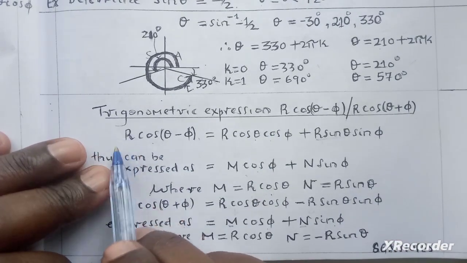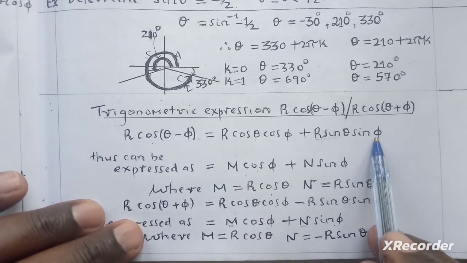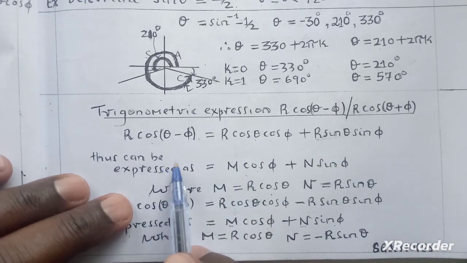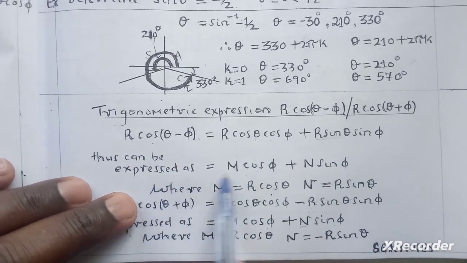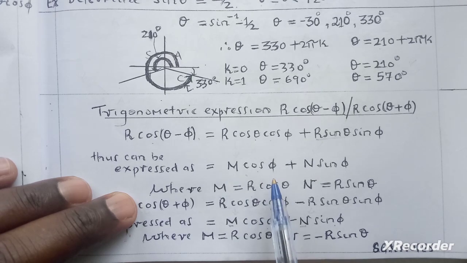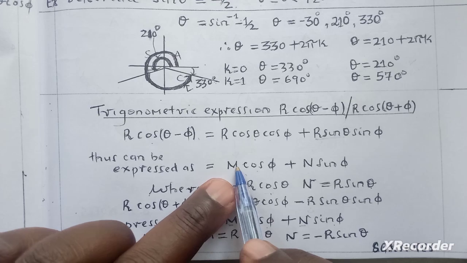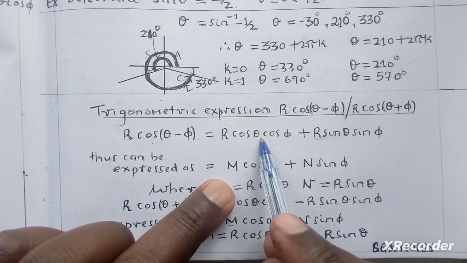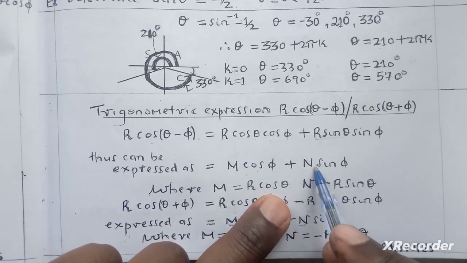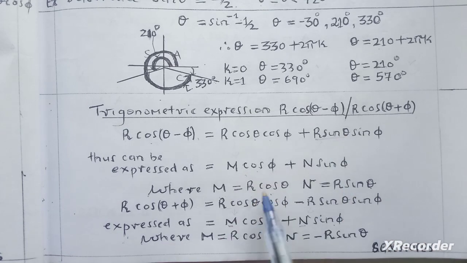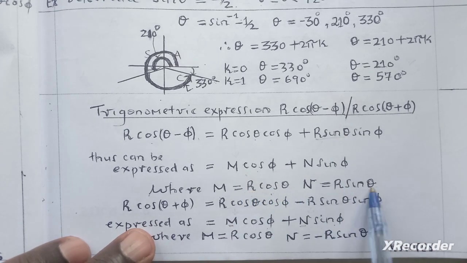So if you multiply by r, you get that and that. So if you are representing this expression in terms of m cos phi plus n sin phi, then your m is supposed to be this, while your n is supposed to be this, and this is now written as shown here.